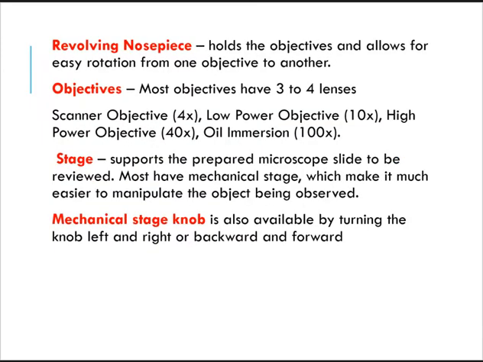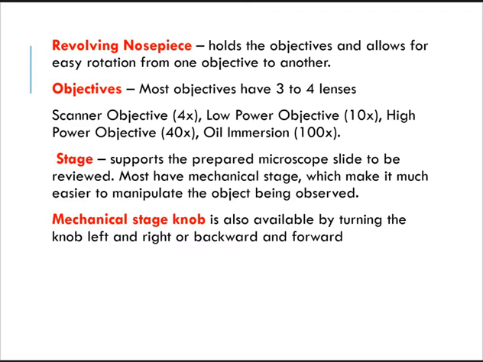Now, we have your revolving nose piece. It holds the objectives and allows for easy rotation from one objective to another. We are going to see that later on. Next, we have your objectives, the main lenses, I think the most important part of your microscope. Most objectives have 3 to 4 lenses: the scanner is 4x, LPO is 10x, HPO is 40x, and oil immersion is 100x.